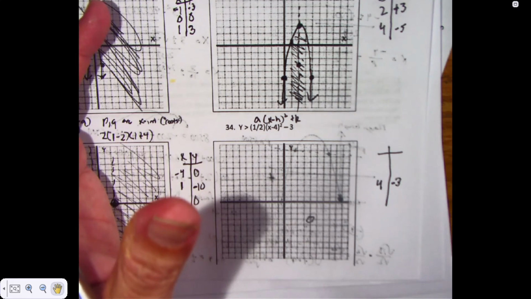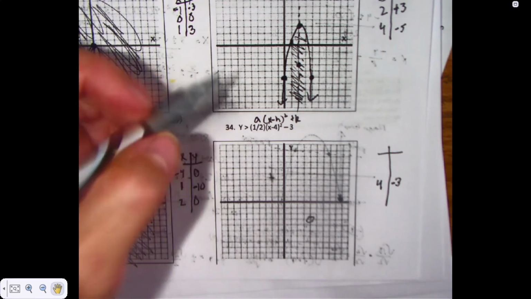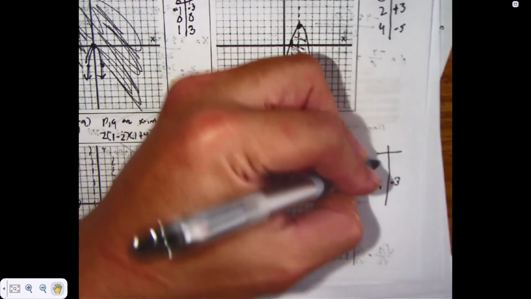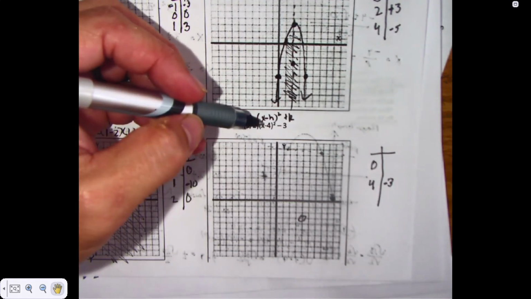You could use initial slope here if you wanted to. I don't know that you want to go after the y-intercept, but you might. If you go after the y-intercept, this becomes 16, doesn't it? Because the x value is 0. So plug that in. This becomes 16. Half of that's 8. Take away 3 is 5. That wasn't so bad. 0, 5.